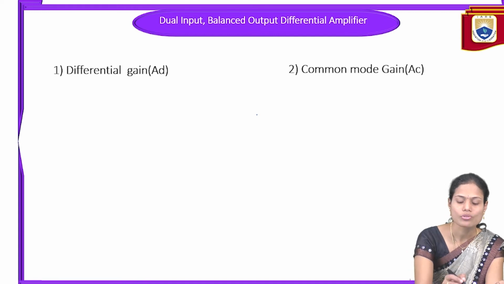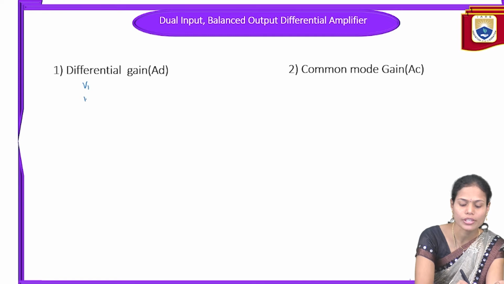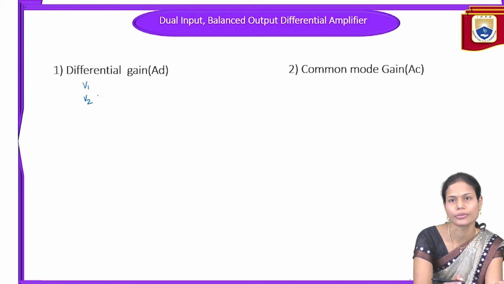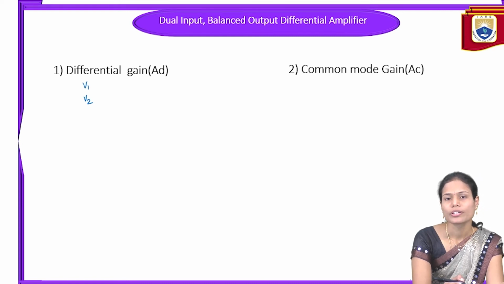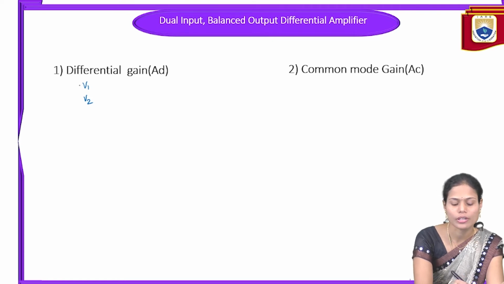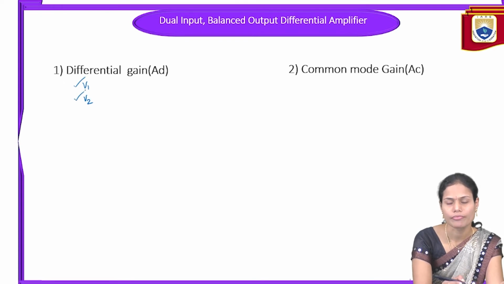We will see. In the case of a differential amplifier, we are using the two inputs V1 as well as V2. How are we applying these two input signals to the differential amplifier? To the base of the first transistor we will provide V1, and to the base of the second transistor we will provide the second voltage V2.